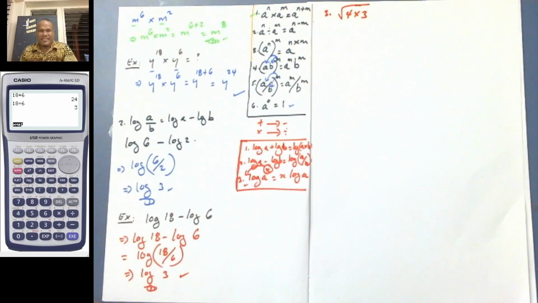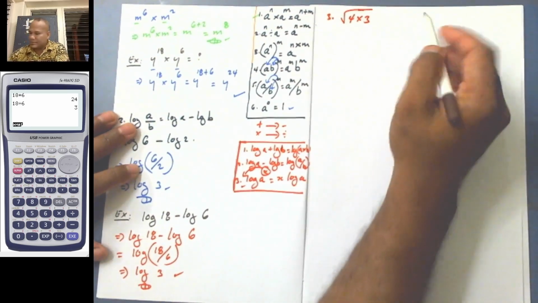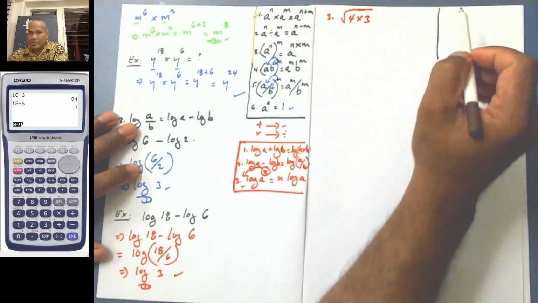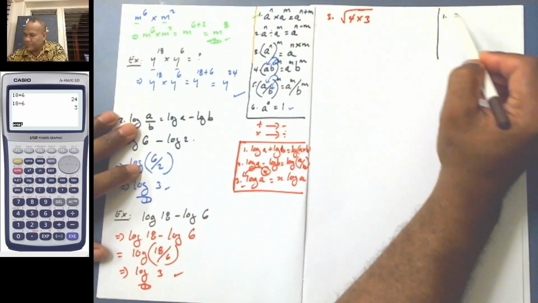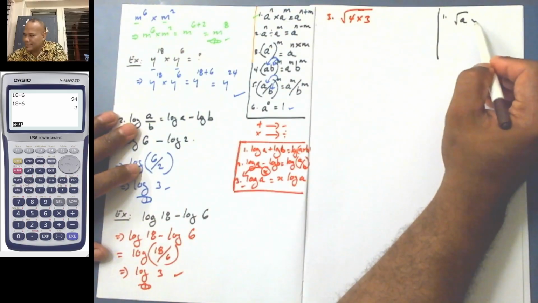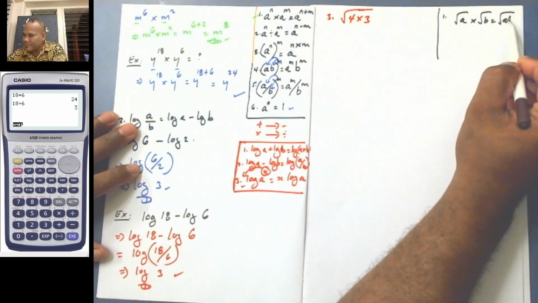Let's look at some information around surds, the laws of square root. The first law says square root of a times square root of b is equal to square root of ab.